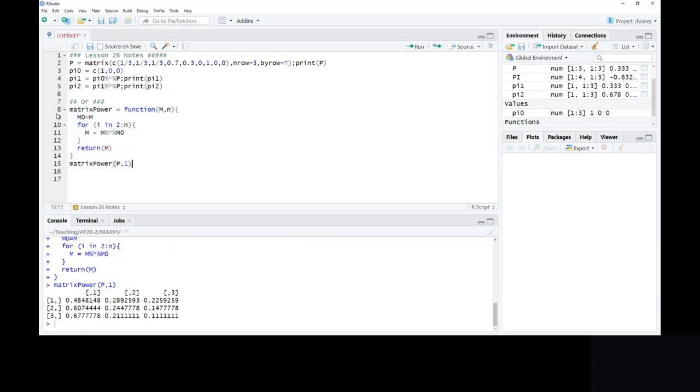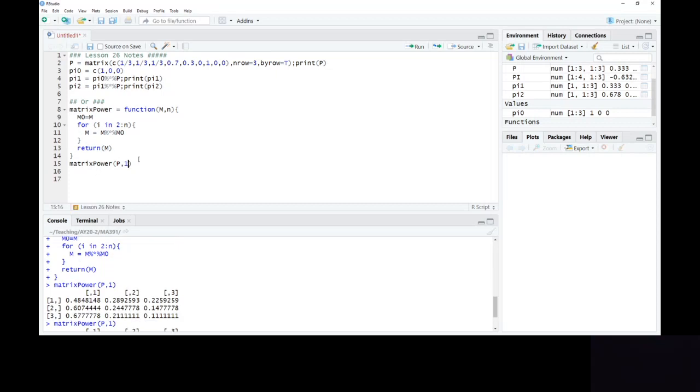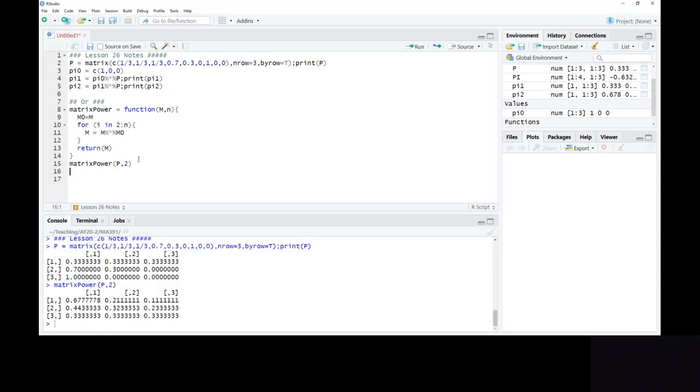For i in n, so it looks like it multiplied it at least once.